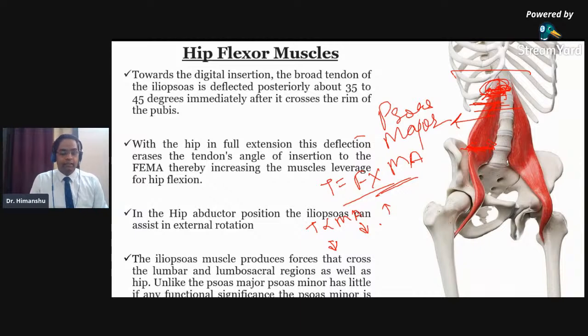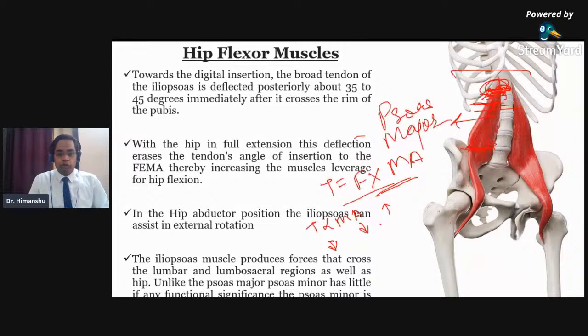I told you yesterday, the muscles which are closely related to the joint are good stabilizers because they contract and try to stabilize a particular joint, but they do not carry out any movement because the required amount of torque is not being generated by those muscles.